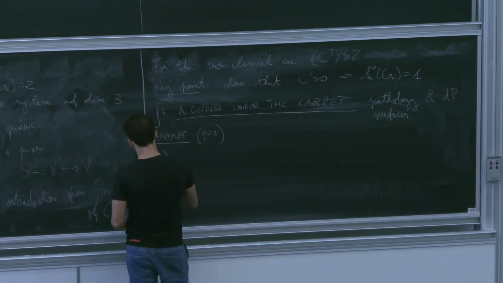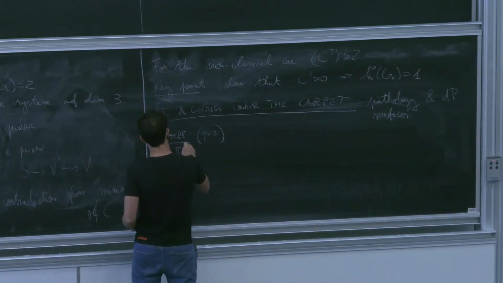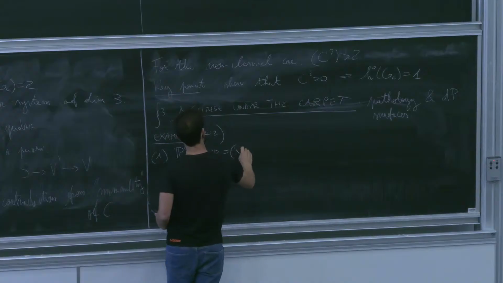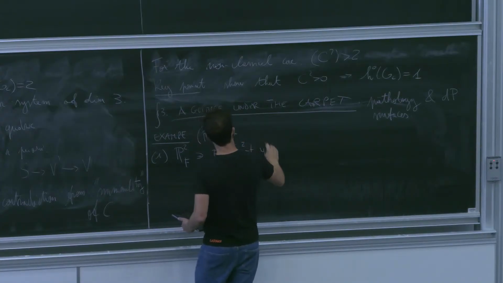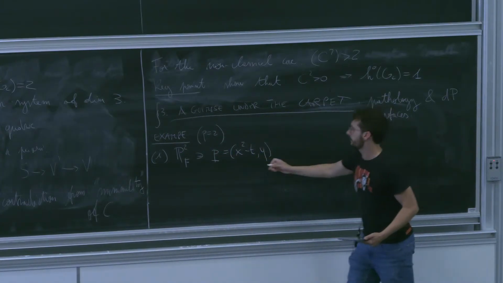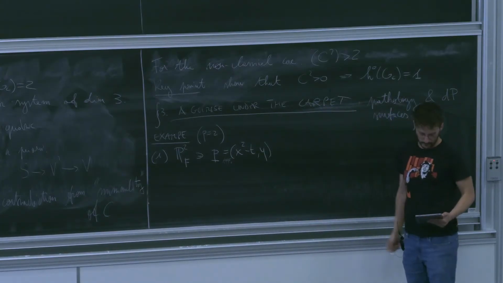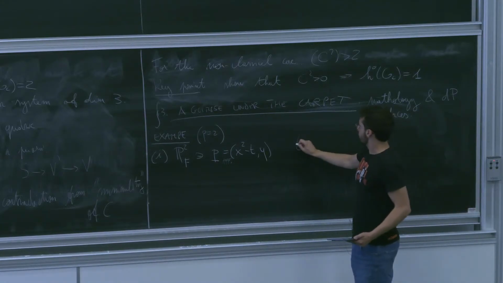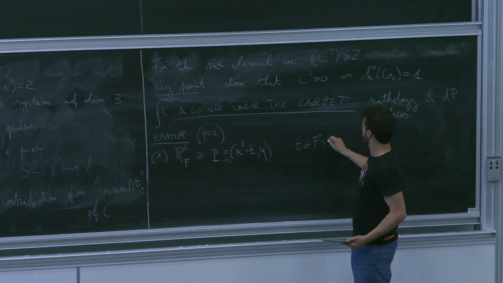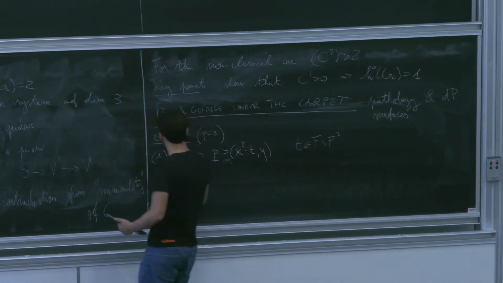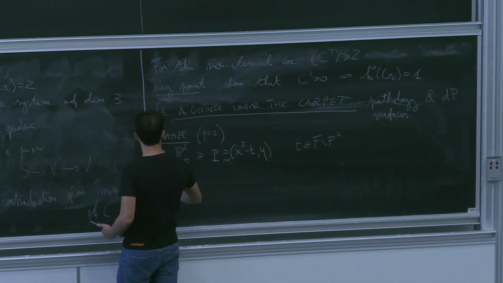So I construct two guys. One is, I take this point inside the affine P2, with T, of course, in F minus F squared, and I blow it up. Maybe I should change letters.